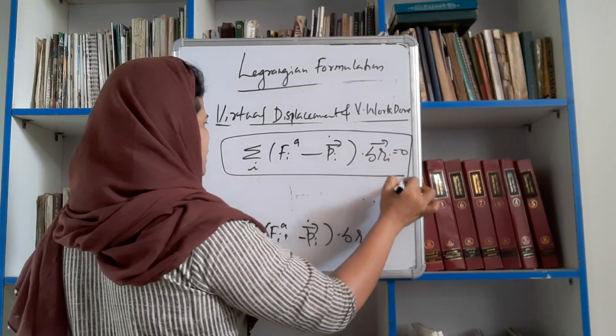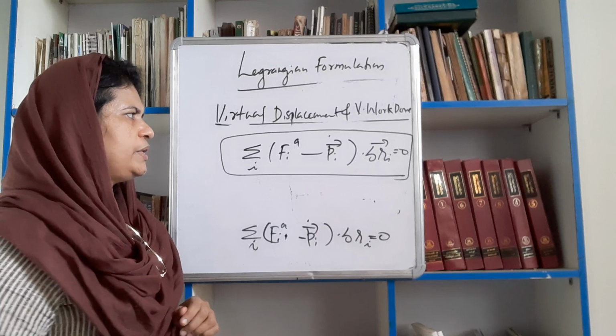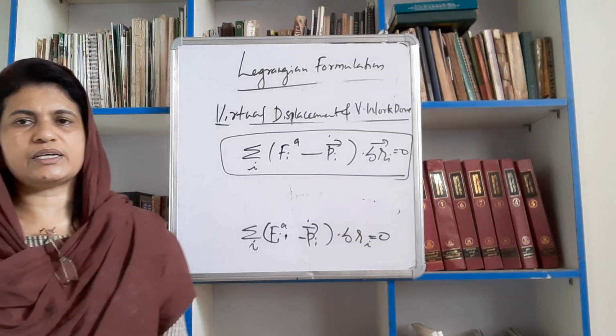Or we can drop sigma i for a single particle, and then we get Fi minus Pi dot dot delta Ri is equal to 0.